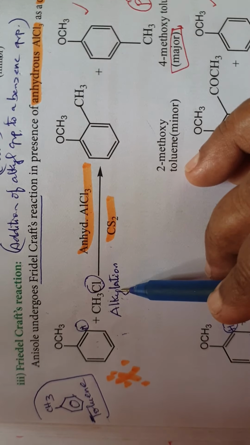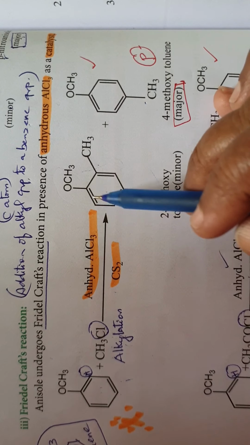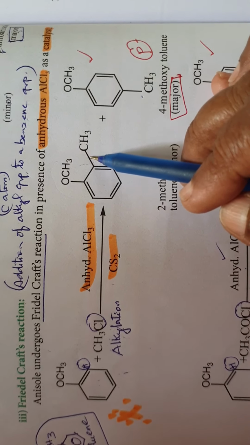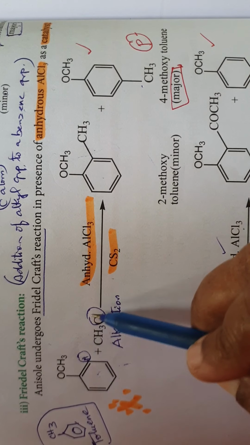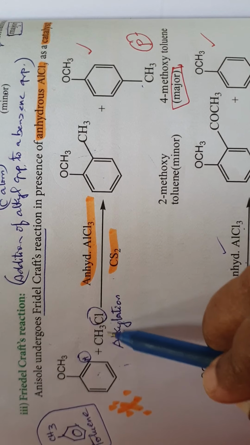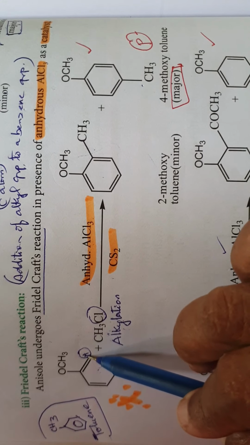So what compound is formed here? This is anisole. To this anisole, in the ortho or para position, CH3 from CH3Cl gets attached. How does that take place? From the benzene ring, one hydrogen goes away with the chlorine, so the remaining alkyl group gets attached in that position.